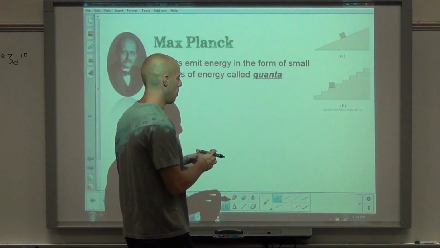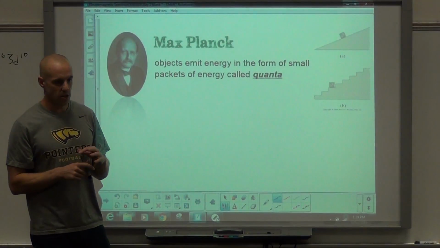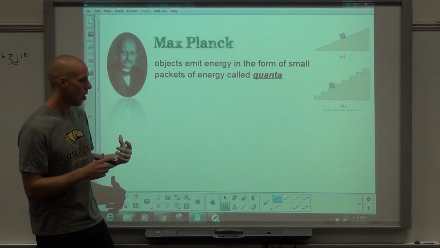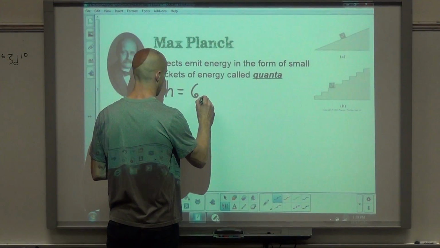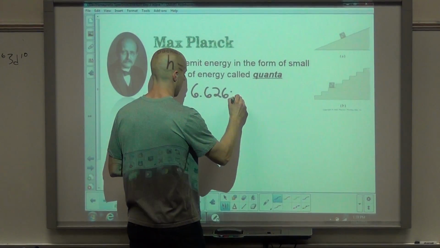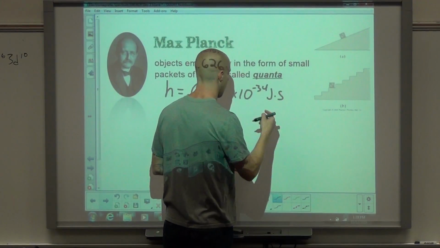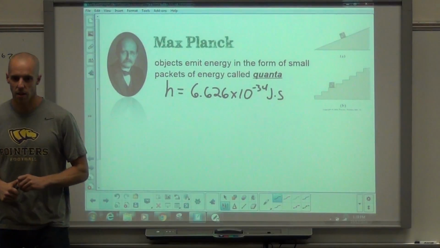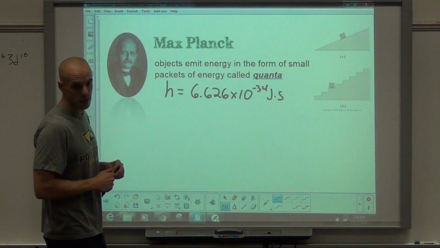Basically he figured out the smallest amount of energy that something can give off. This is called Planck's constant, and we need to write this down. In our constants, we write h equals 6.626 times 10 to the minus 34th, and that's joules times seconds. I'm not going to get too much into this number because it's going to be over our heads, and the more I explain it, the more confused you'd get.